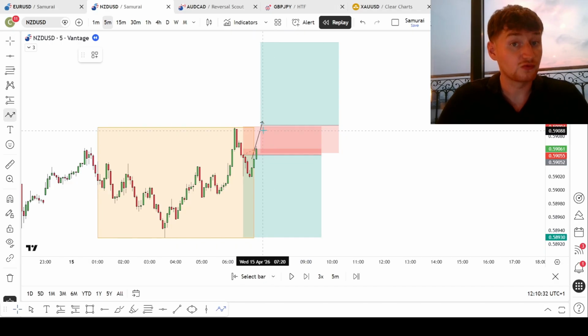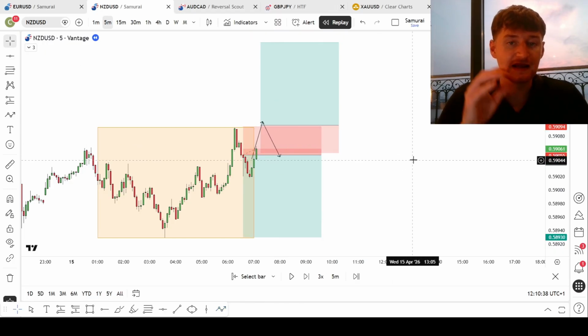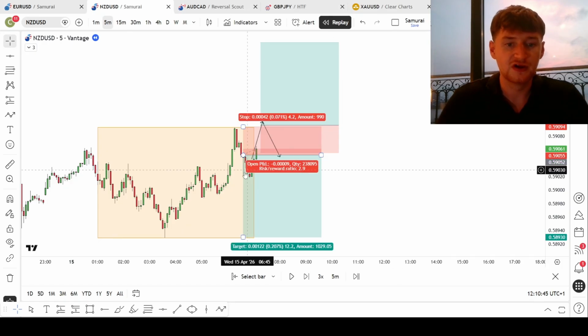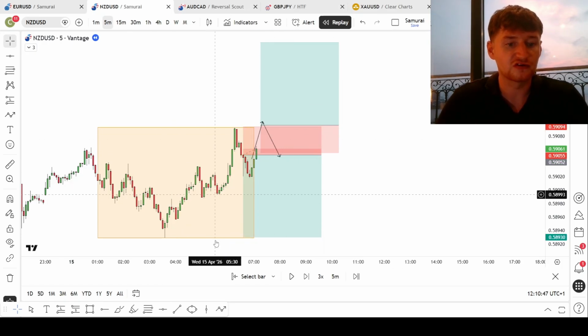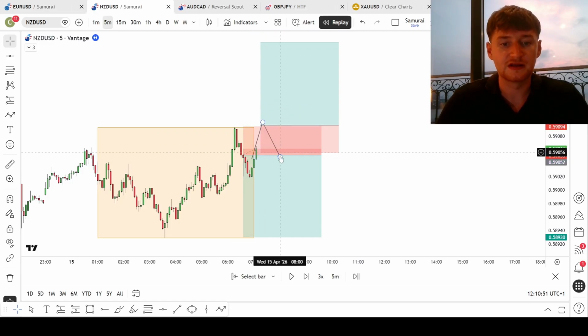And the way that would get manipulated and make them lose is if price came back down here. In that scenario, this causes the maximum amount of damage to retail traders. When highs of sessions and lows of sessions get swept, taking out both sides and then reversing.